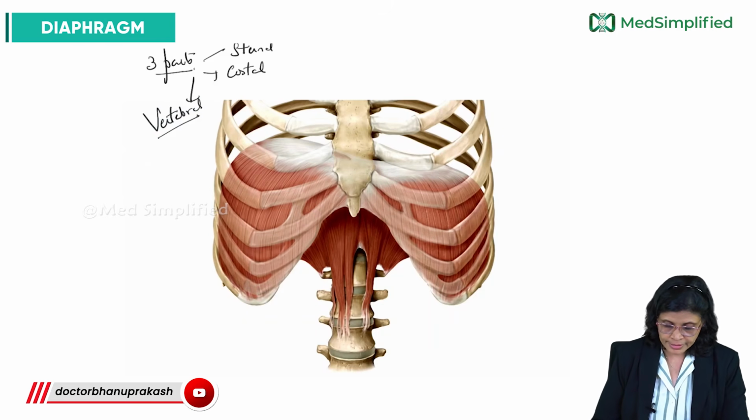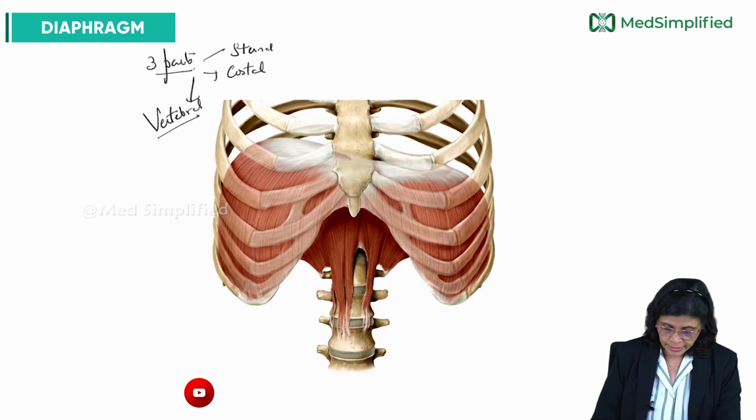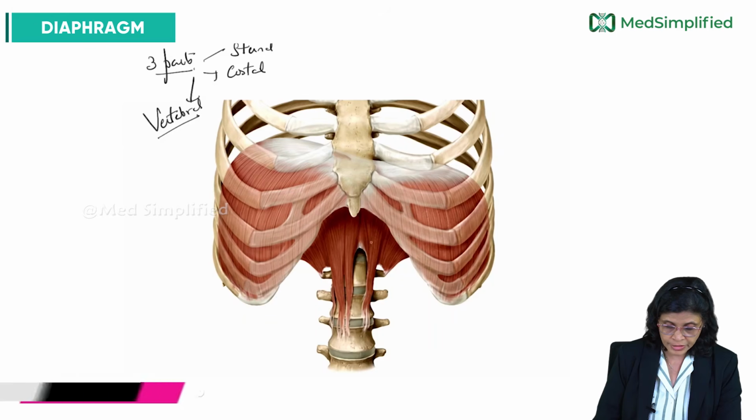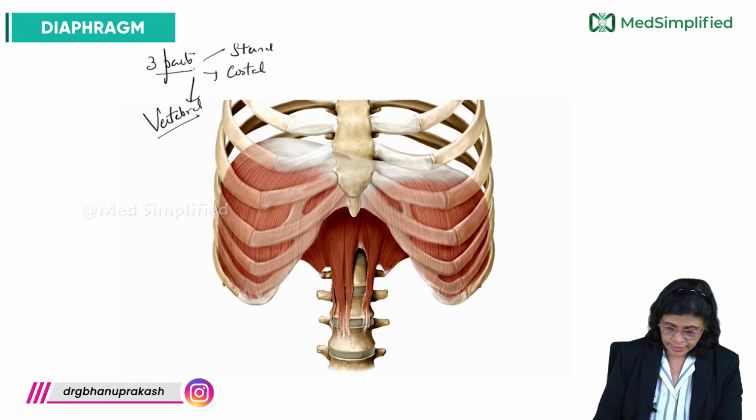The sternal part of the diaphragm consists of two fleshy slips which arise from the posterior surface of the xiphoid process.